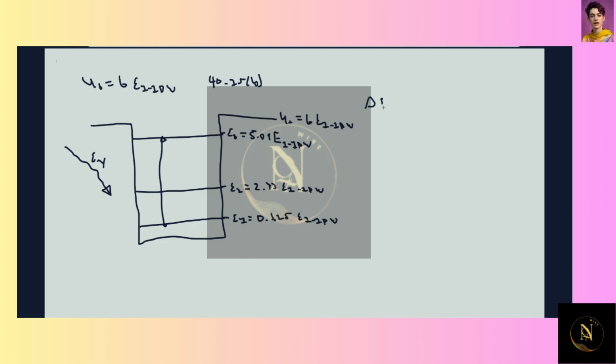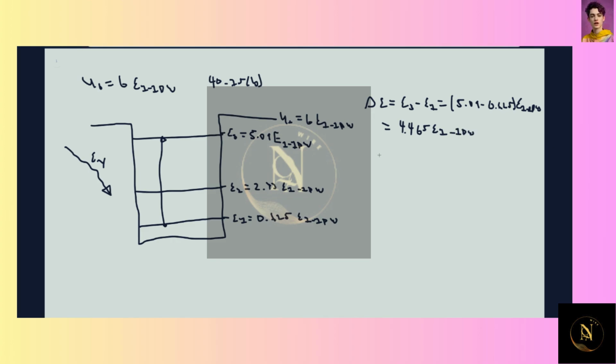So delta E is going to be equal to E3 minus E1, which is 5.09 minus 0.625 times E1 in the one-dimensional well, which is just 4.465 times this energy of the one-dimensional well.